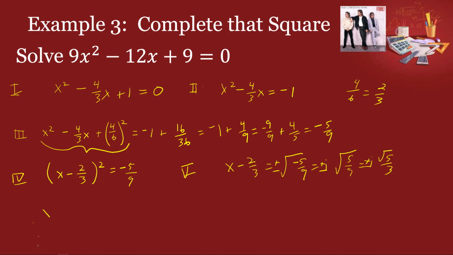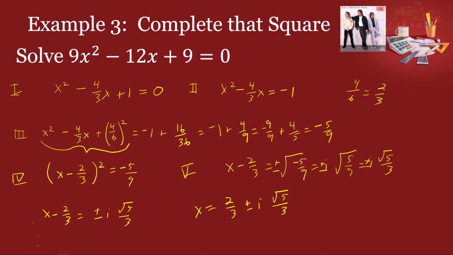So we have x minus 2/3 is equal to plus or minus i times the square root of 5 divided by 3. And then finally we can add 2/3 to both sides, and we will have that x is equal to 2/3 plus or minus i times the square root of 5 divided by 3.